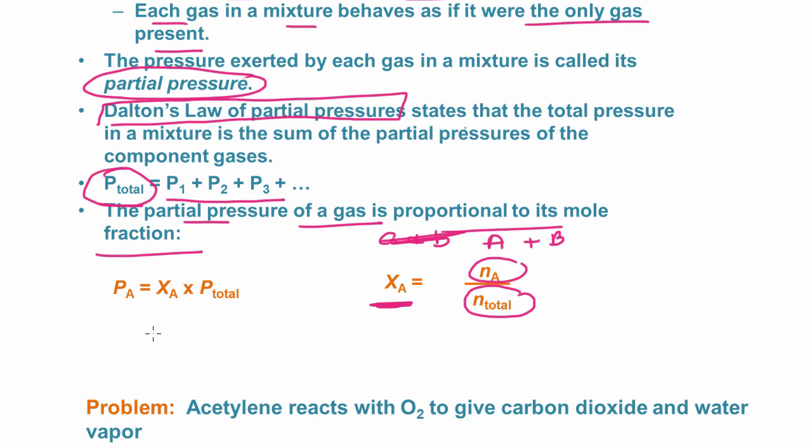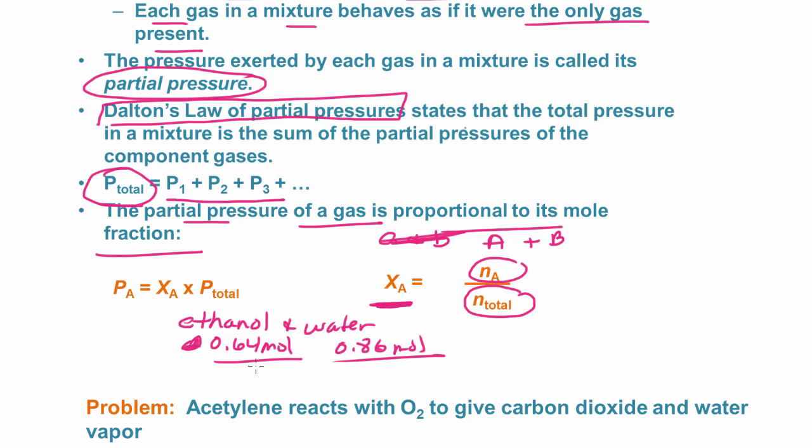So for example, let's say I have ethanol and water. So I have a mixture of ethanol and water. Let's say I have 0.64 moles of ethanol, and I have 0.86 moles of water.